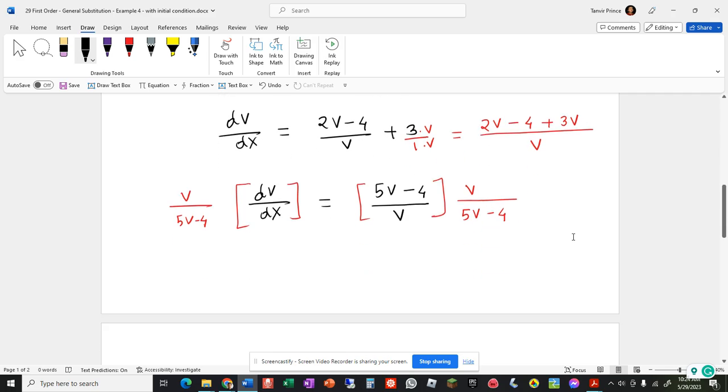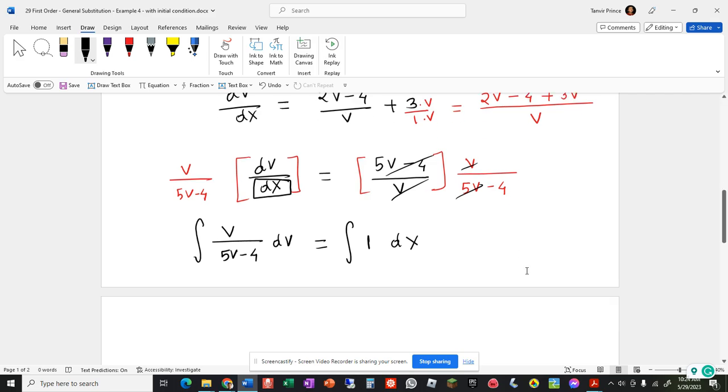So what I have in this side is v over 5v minus 4 dv. In this side, just 1, but of course you have to move this dx. I multiply both sides by dx, so that will be dx here on this side. So now you take the integral of both sides.